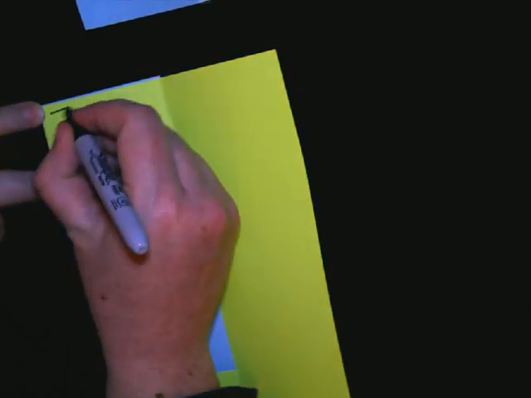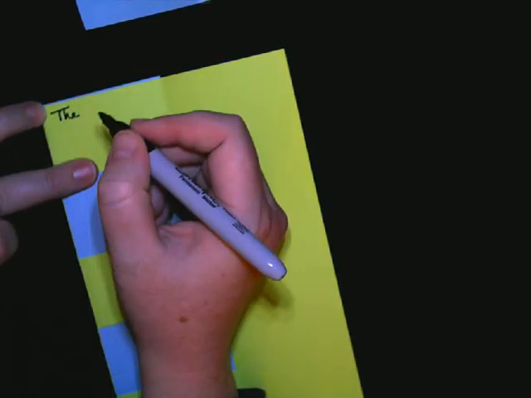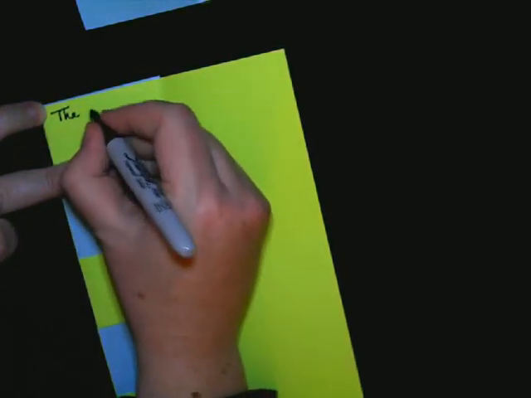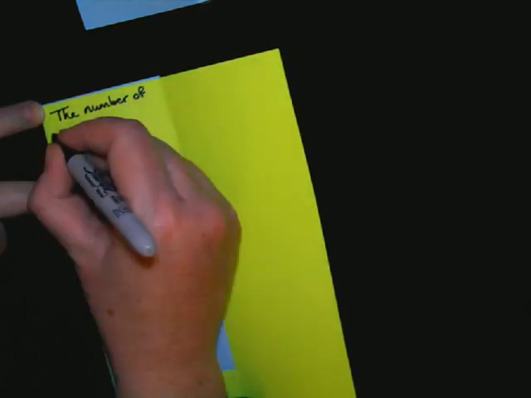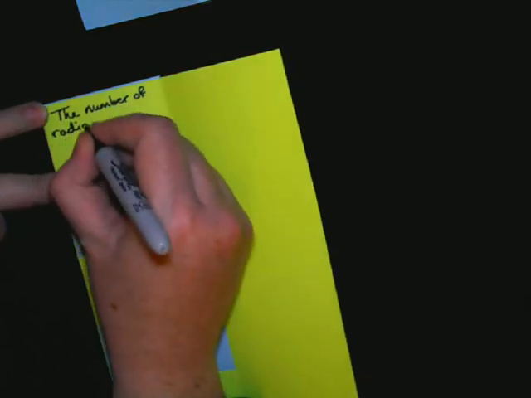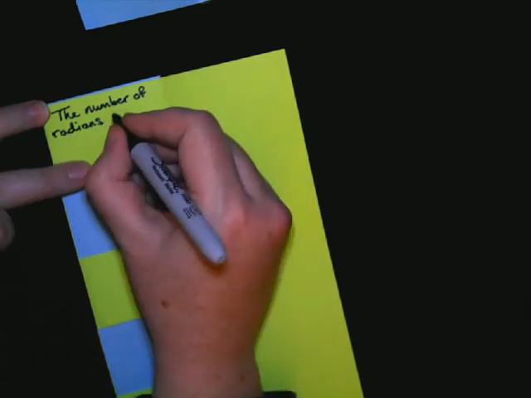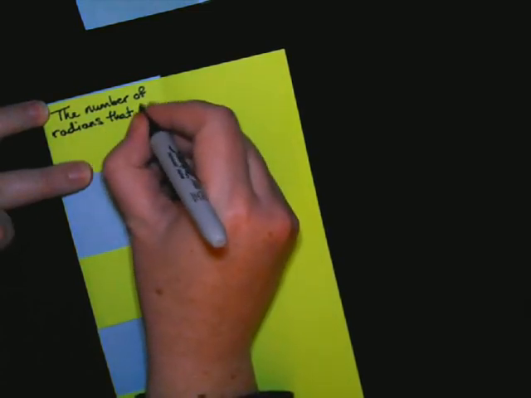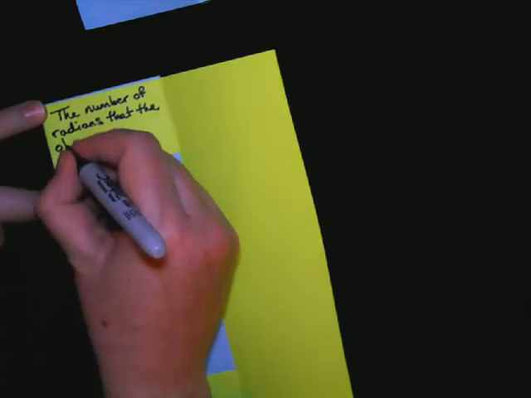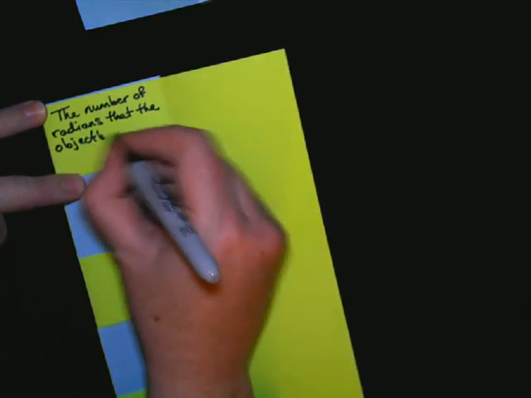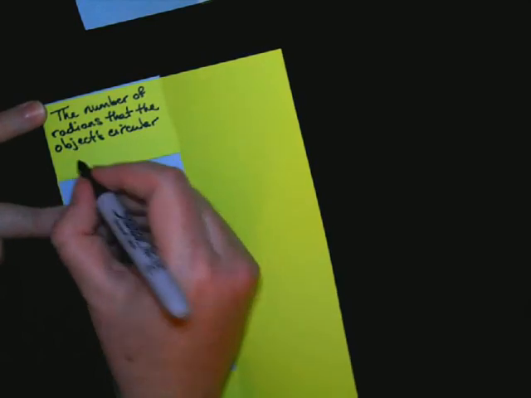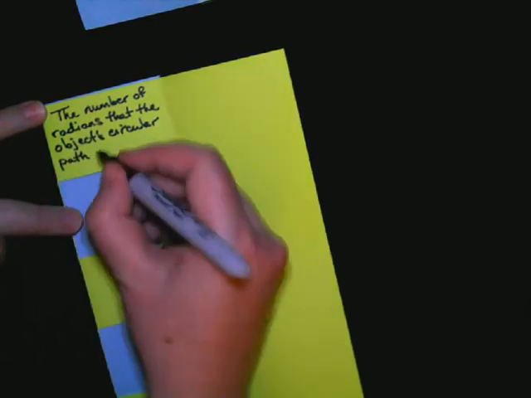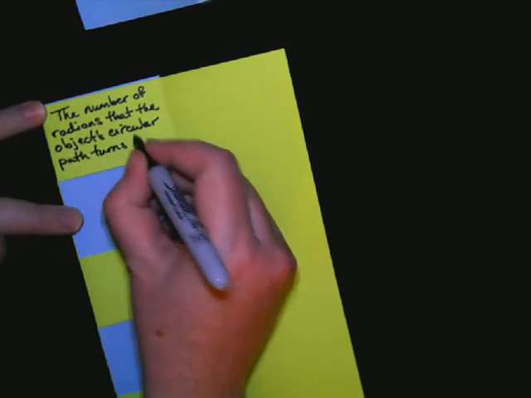So this definition for angular position is the number of radians that the object's circular path turns through.